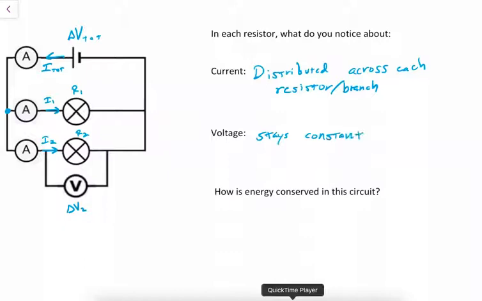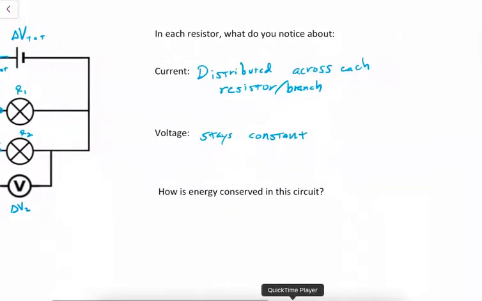So let's give some variables to this. That means that this total voltage is equal to V1, which is equal to V2, which is equal to V3 of each branch. I should be consistent: it equals the potential difference across V2, the potential difference across V3.